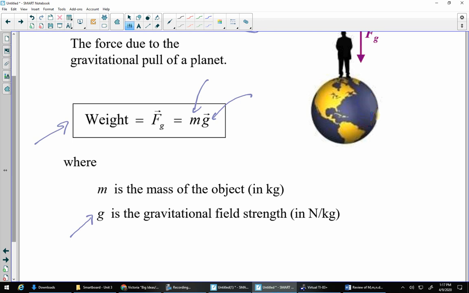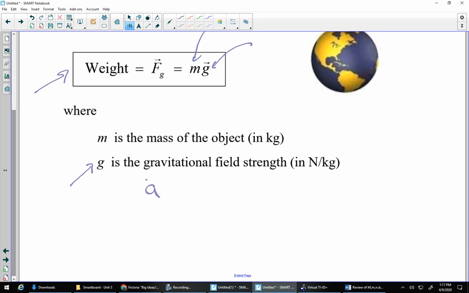More on that in Unit 5, but for now, just note that acceleration due to gravity is exactly the same thing as gravitational field strength. It's all lowercase g is what we're looking at there.